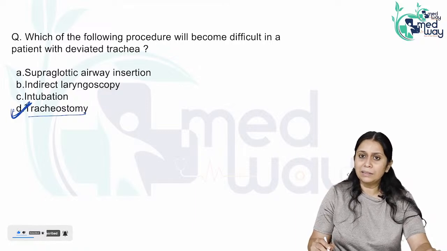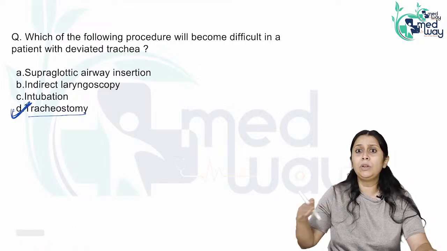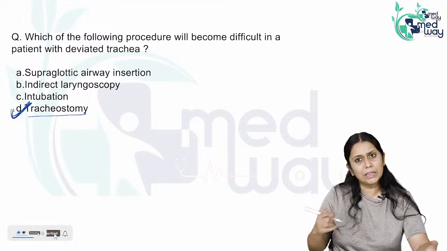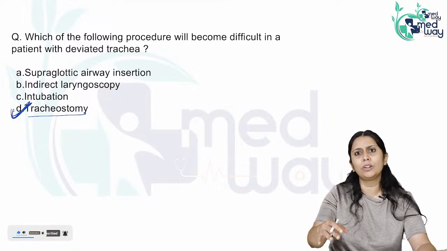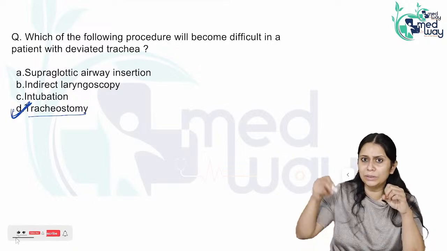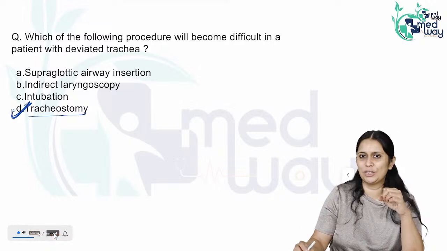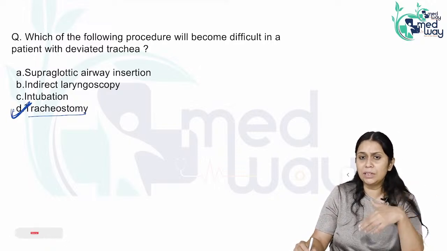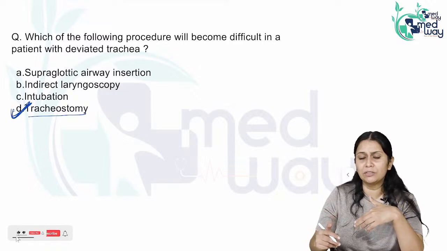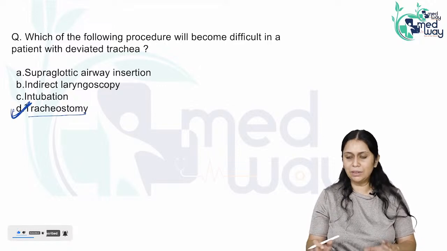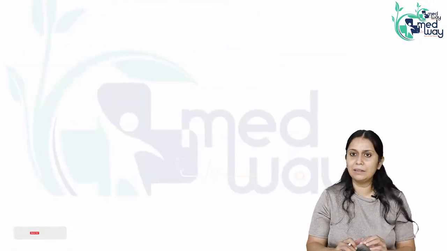Remember that the problem is below the glottic opening, and in tracheostomy we are working below the glottic opening. In intubation, of course, the tube is going below the glottic opening, but we just have to do laryngoscopy, see the glottic opening and insert the tube. We can negotiate the tube through it, okay? But definitely tracheostomy in case of deviated trachea would become difficult. So the answer is tracheostomy.